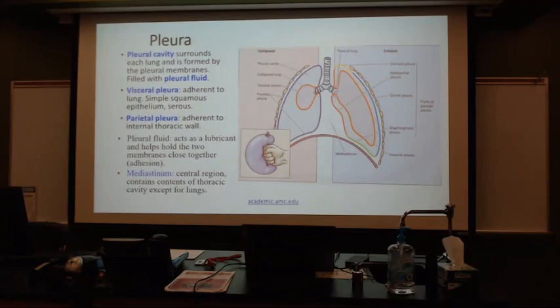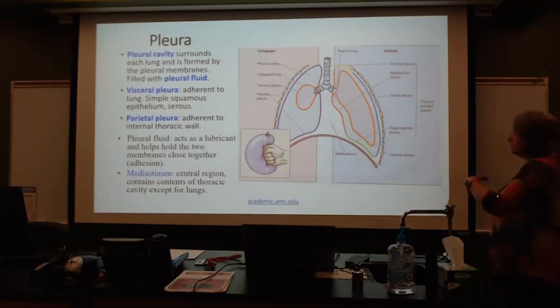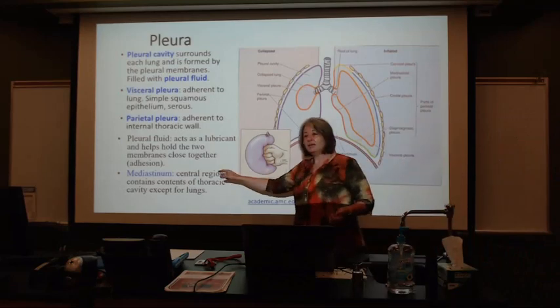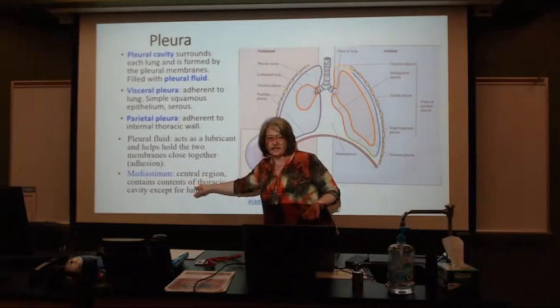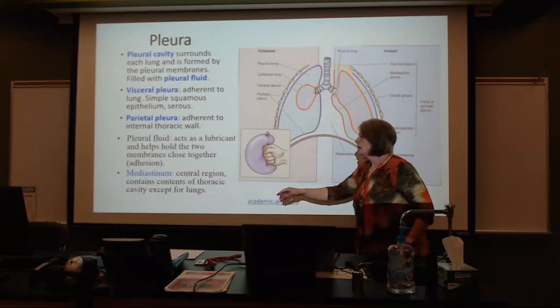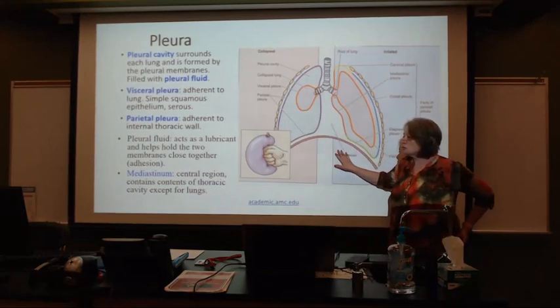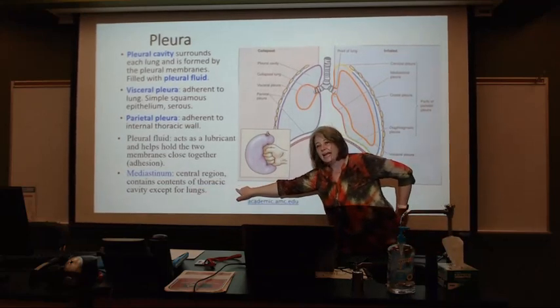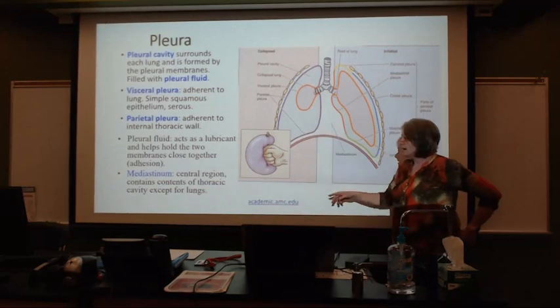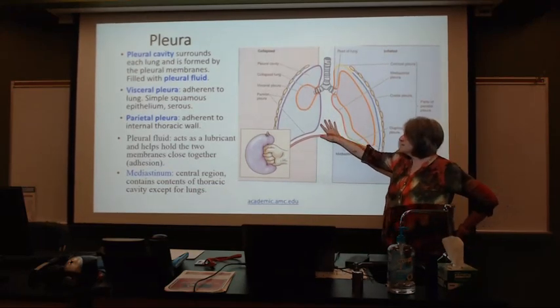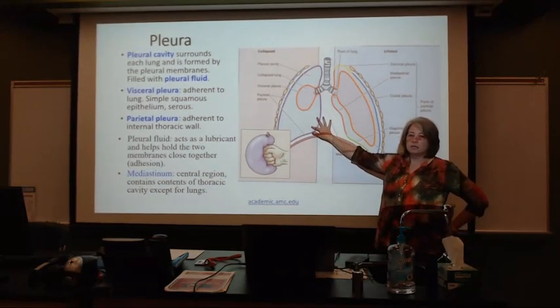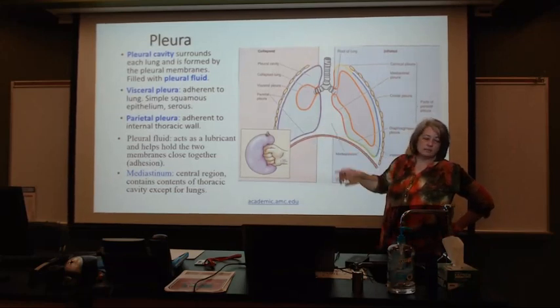Now, when we say the term mediastinum, because that's something you will hear, this is a central region that has contents of my thoracic cavity, but not the lungs. What do you think's right here?